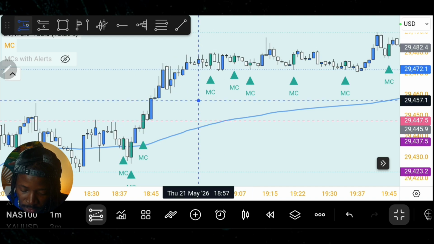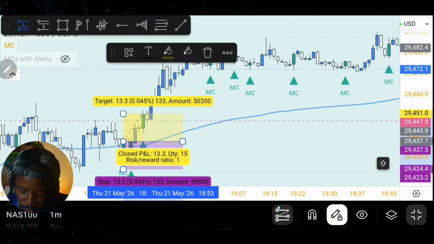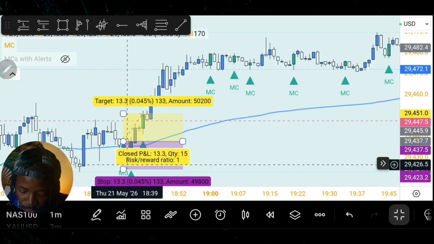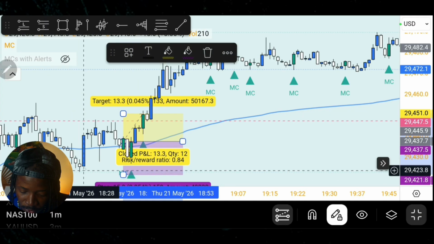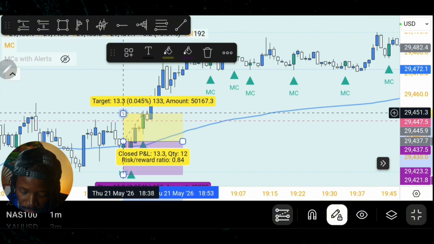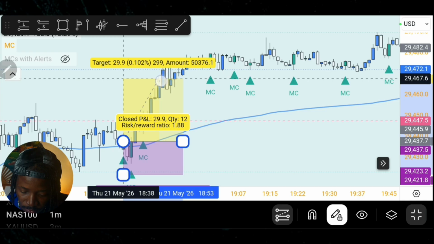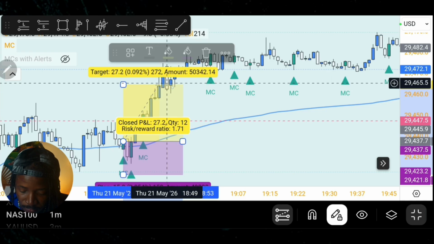So we take that. You can see if we're taking this one, aiming for this particular low here, and aiming for a 1 to 1.7, would have gotten that here.